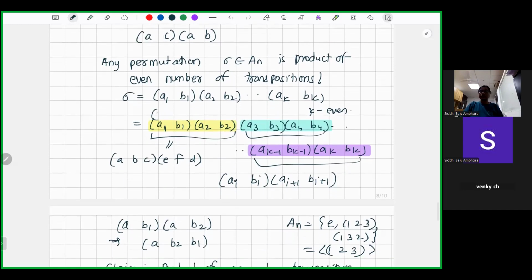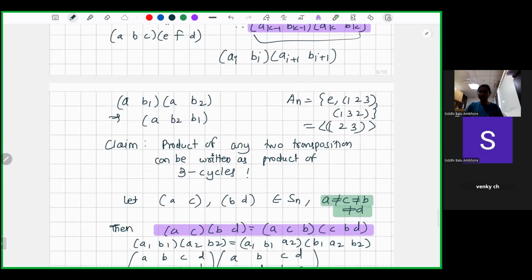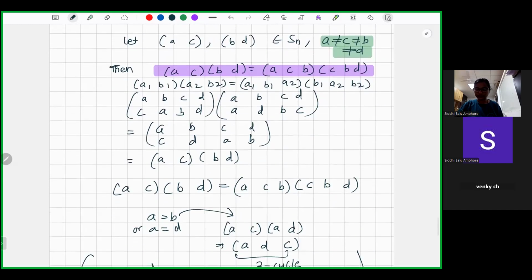Each of these is now a product of three cycles, and let me write it here. What we got is A1, B1, A2, B1, A2, B2, and so on. That's how we represent any given sigma in the alternating group as a product of three cycles. If there are any doubts, please let me know.